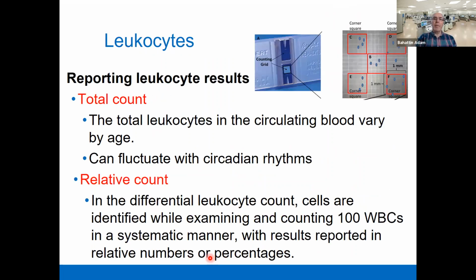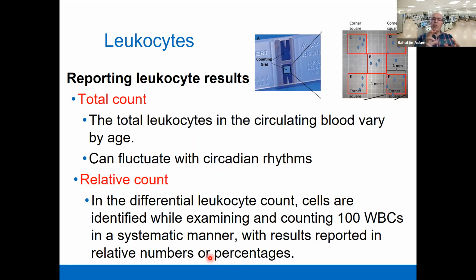Now, in order to report the leukocyte results, we have to report the total count of the white blood cells and the relative count of them. The total leukocytes in the circulating blood vary by age, and they can fluctuate with a circadian rhythm.